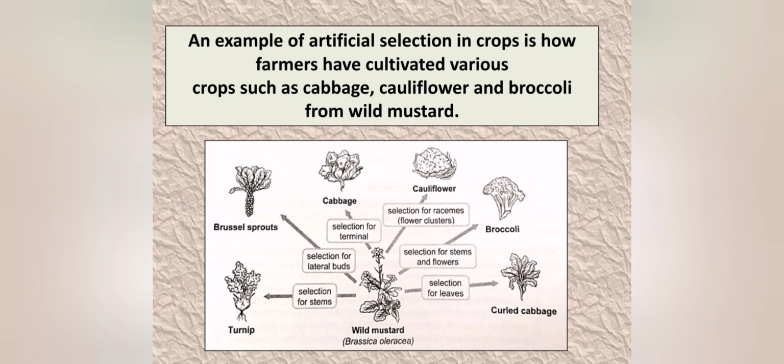Whatever trait the farmer wanted, he would select wild mustard with that variant and keep cultivating, keep on pollinating this specific variant with itself or with closely related, closely looking plants, eventually leading to all the different variations of crops we have today.